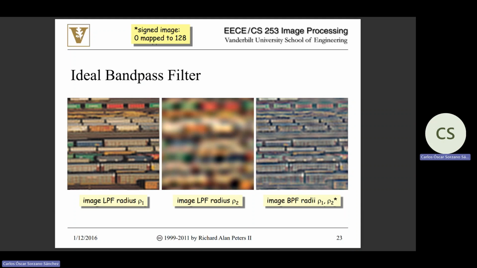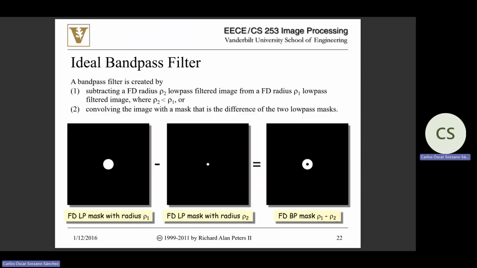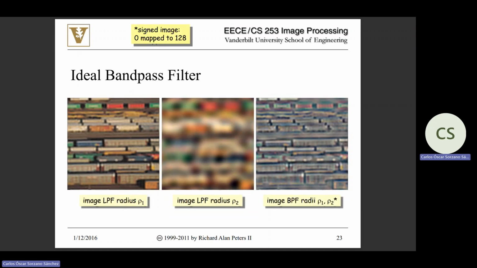Very good. So now let's do the two low pass filters. One is bigger than the other. The one that is bigger is rho 1. So we let more frequencies pass, so it will blur the image less than the second filter. So the first filter blurs the image, but the second filter blurs even more. And now we subtract the two.